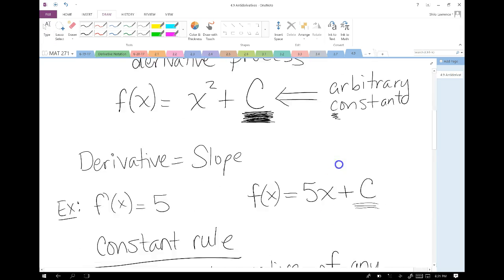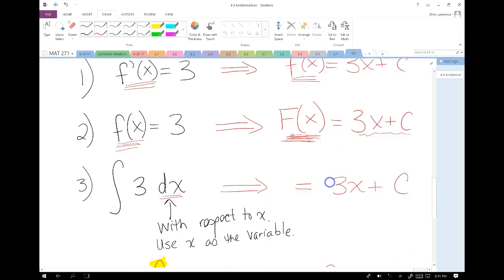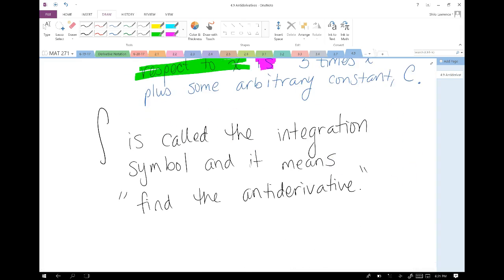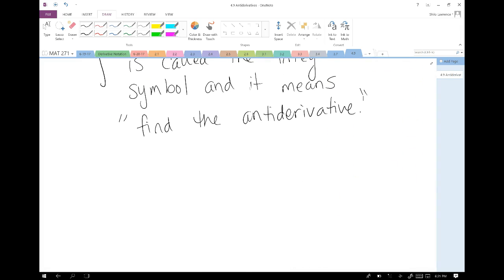There is a power rule that could be used for that, along with any other function that can be written as a power. And it doesn't just have to be a positive whole number power. It could be a fractional power, which means it's a root, or it could be a negative power, which means it's technically an x in the denominator. So this power rule is really, really important.